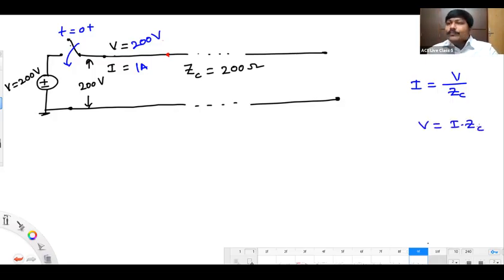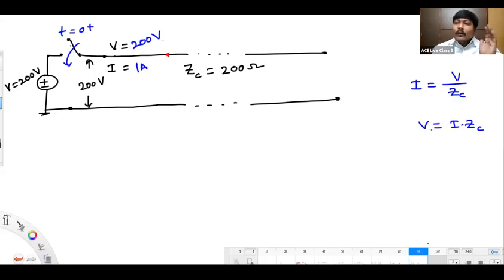I into ZC. I is 1 ampere, ZC 200, so 200 volts is created. Because of the 200 volts, 200 by 200, 1 ampere current is created. Because of that 1 ampere, 1 into 200, 200 volts.